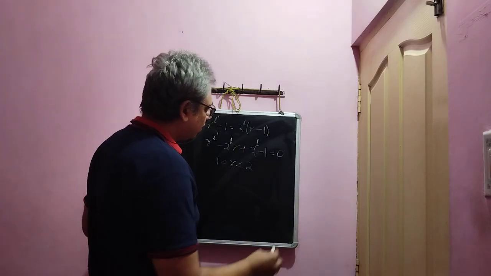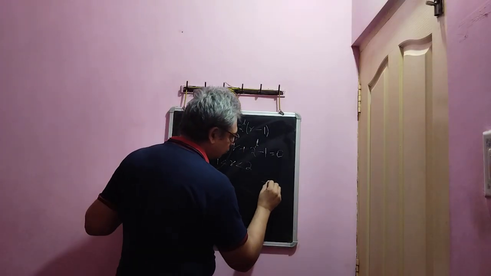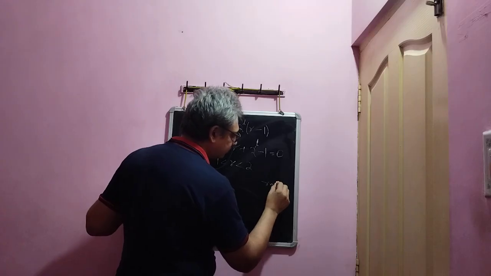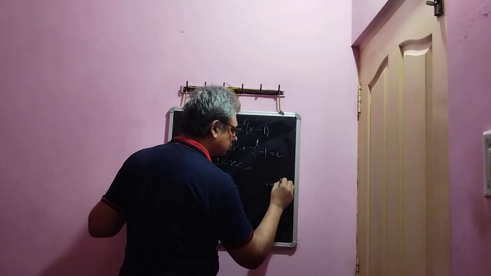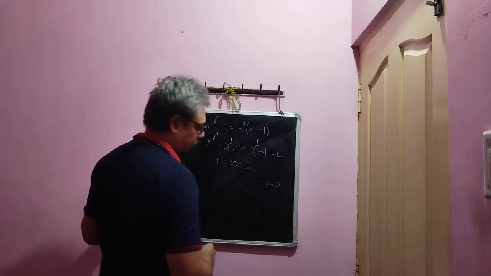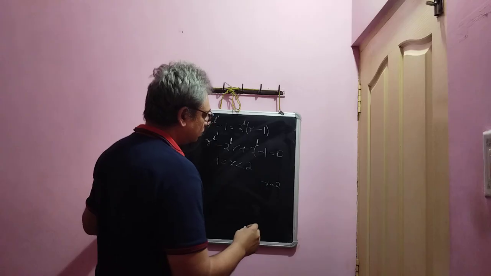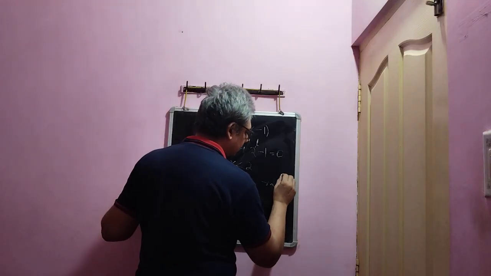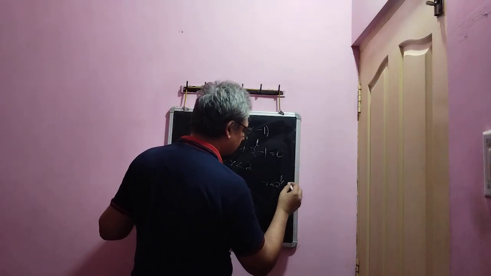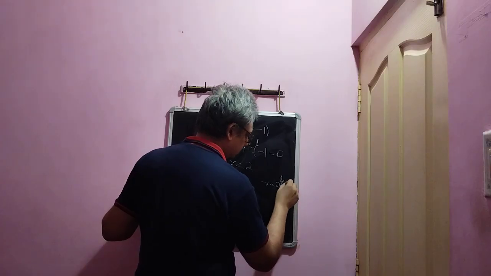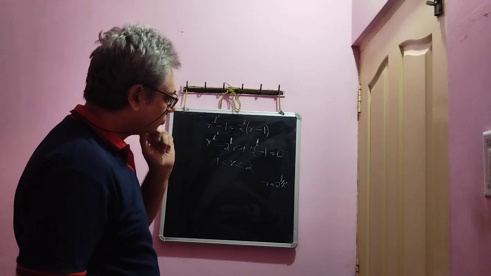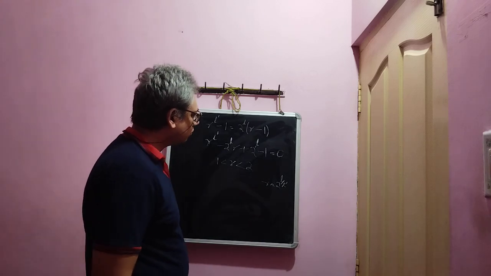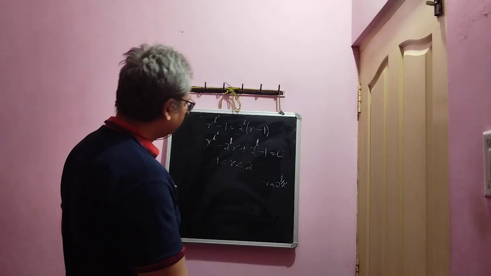Start off with an initial value. r will be very close to 2 power l by l dash.